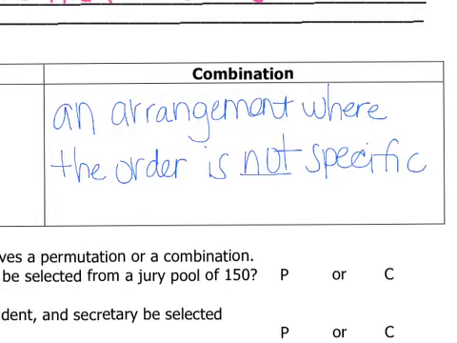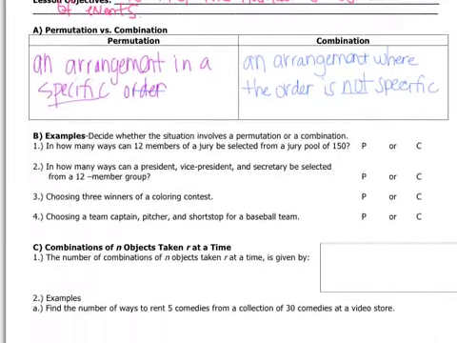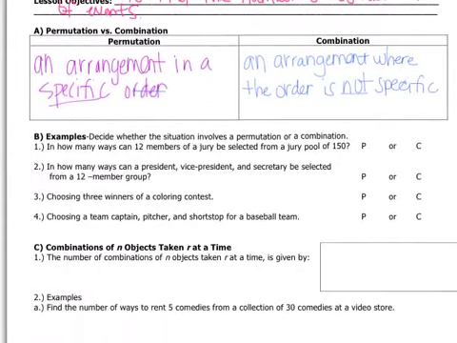Permutation, the order matters. Combination, the order does not matter. So, like I said, the first 4 examples here, what we're just doing is deciding whether it's a permutation or a combination. Okay? After we go through these, you guys are then usually pretty good about deciding for yourself. Okay?